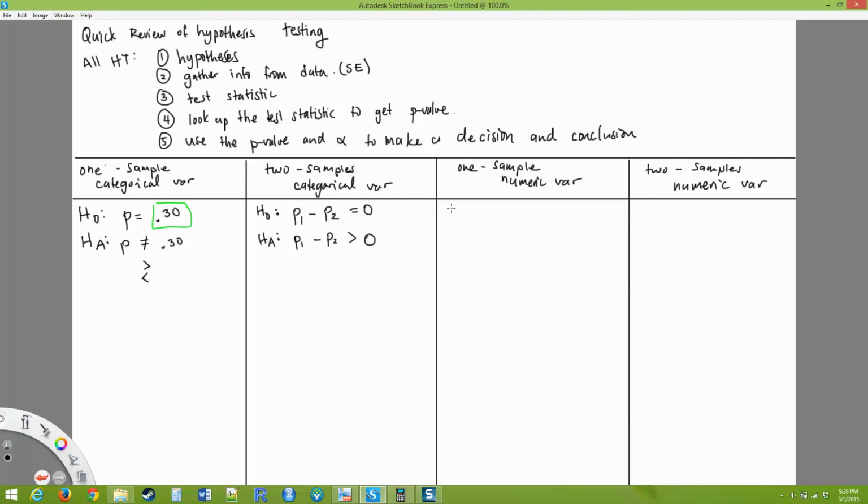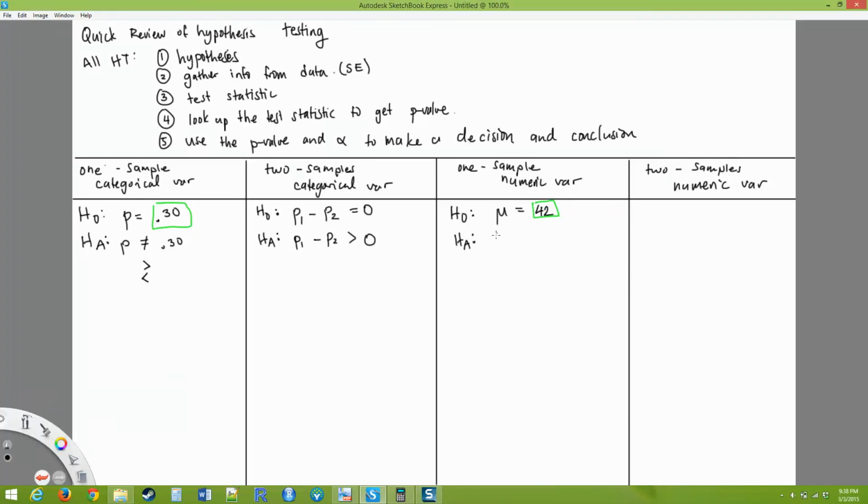When we have a numeric variable, instead of p, we're using mu. So mu here is equal to some number, 42, who knows? Not necessarily 42, it depends on the problem.